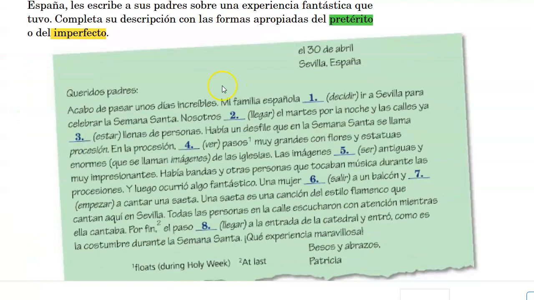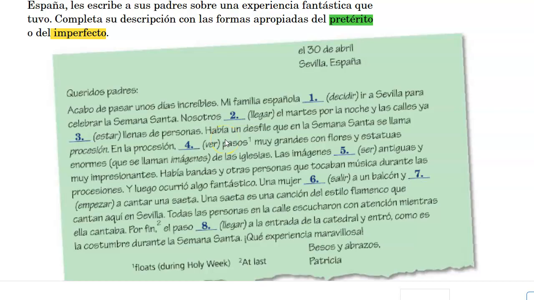So the imperfect of estar, according to your subject, which is las calles, it's plural. So the correct answer is going to be las calles ya estaban llenas de personas. Estaban.